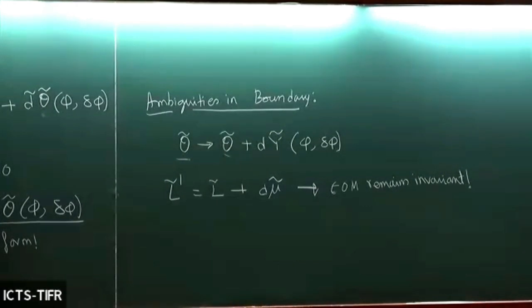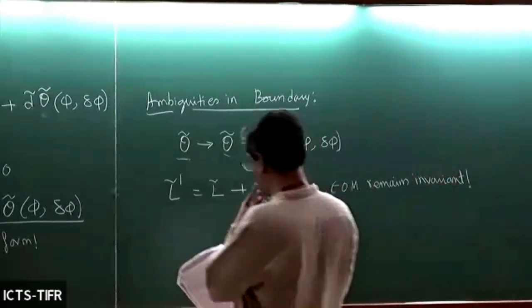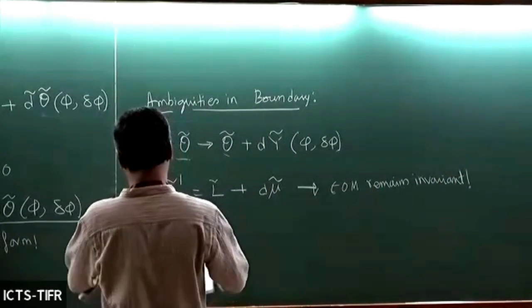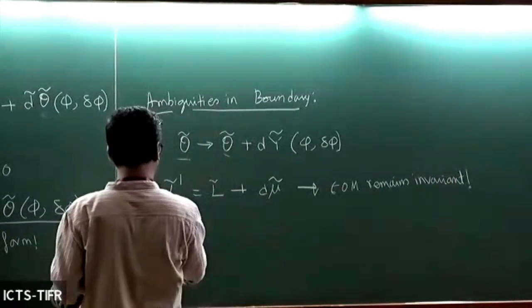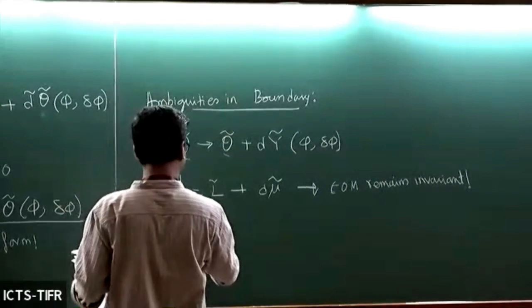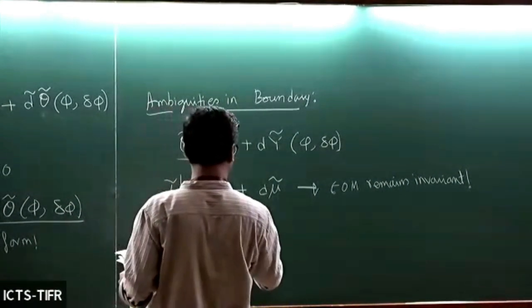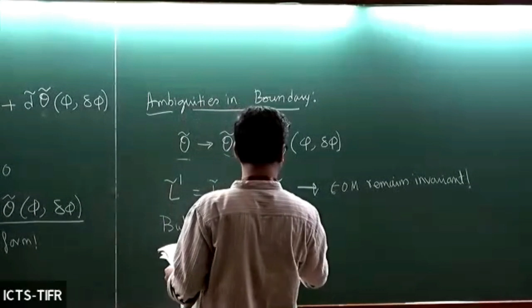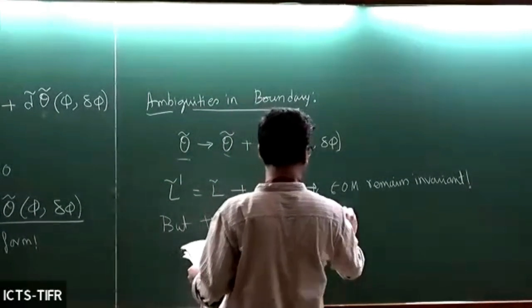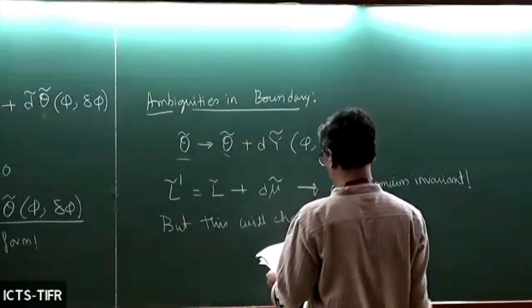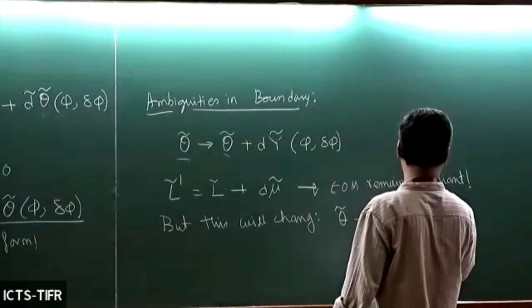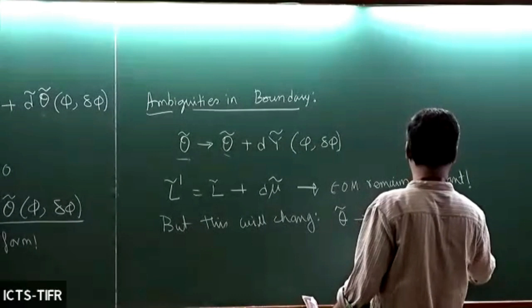Let's calculate it, that's easy to calculate. The equation of motion is identical, but if you put it in theta, this will change theta to theta tilde, which is theta plus delta mu.